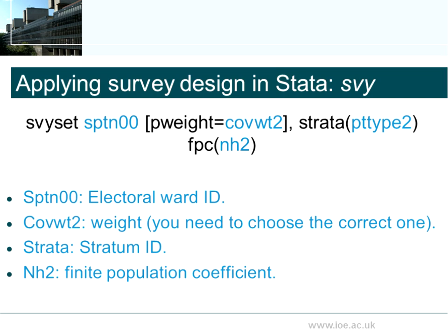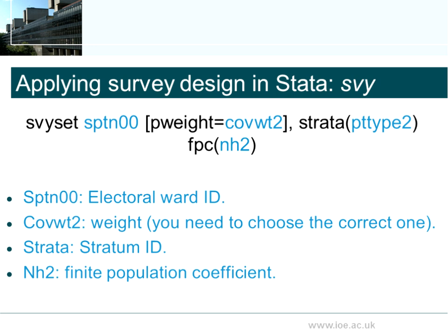So here I'm presenting how you could use the sampling and attrition weights and the different survey design features in Stata. So this only applies for the Stata users. You need to use the SVY command, and here is how you could write it. The first variable in blue is the electoral ward, so this is the primary sampling unit.